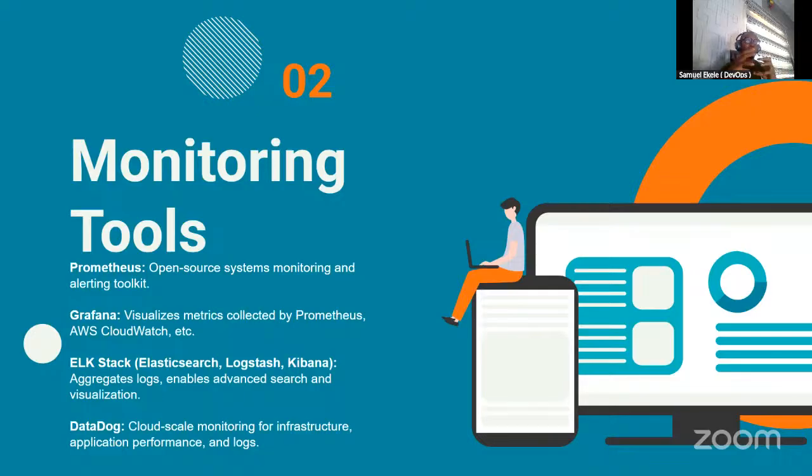So the first one is Prometheus. Prometheus is an open source system that is used for monitoring. Prometheus collects time series data, all right? And in recent times, they've also integrated an alerting system into Prometheus.